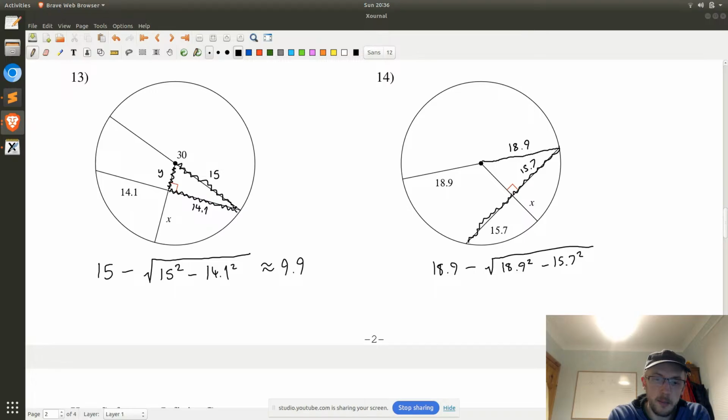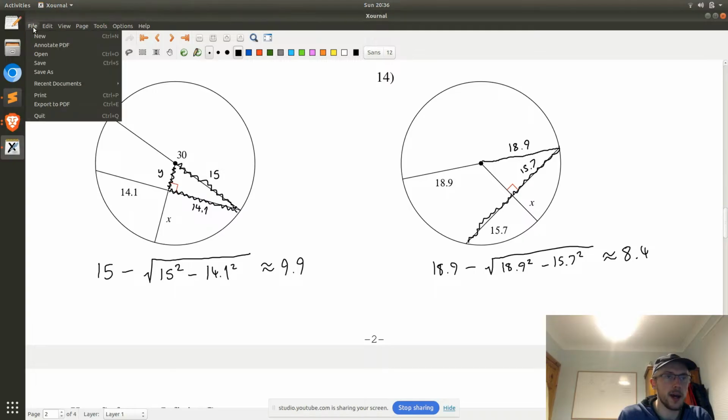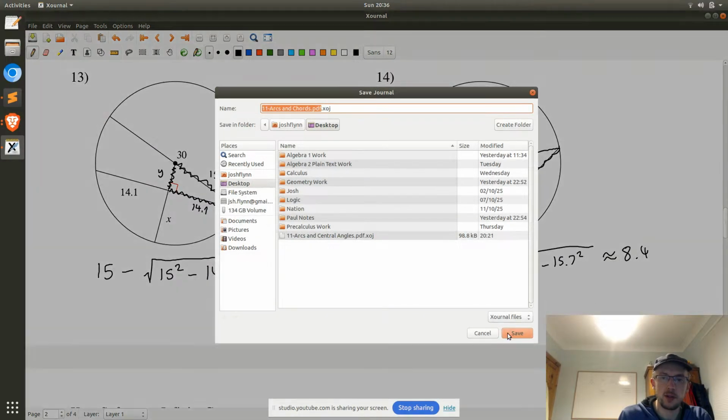And we obtain 8.4. And we check to see if that's correct. And it's all correct. And that's good.